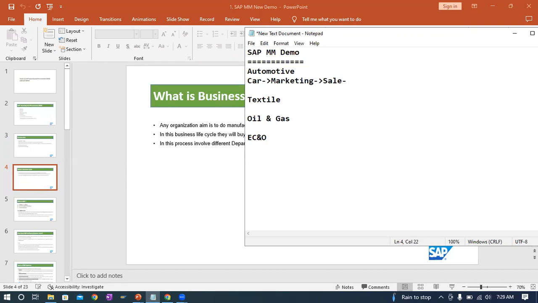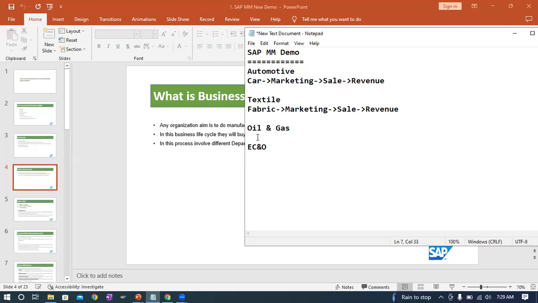Once they sell, they will get the revenue. Even if you take a textile company, what is their aim? They have to produce the fabric. Then similarly, they will do marketing, sell to customers, and generate the revenue.